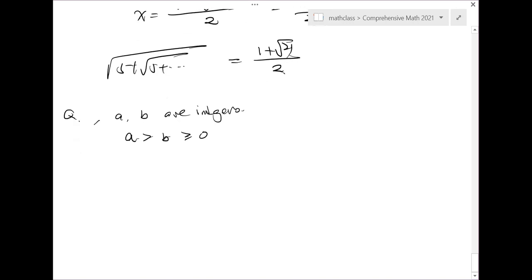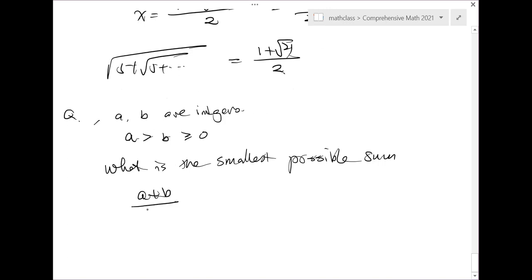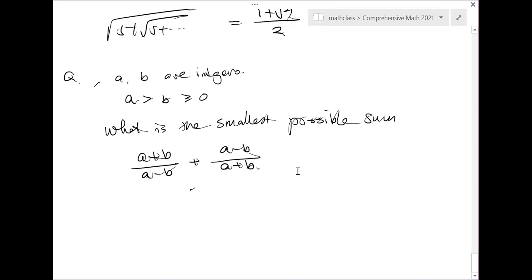What is the smallest possible value of the following sum? A plus B over A minus B, plus A minus B over A plus B. Since A is greater than B, this is always positive.